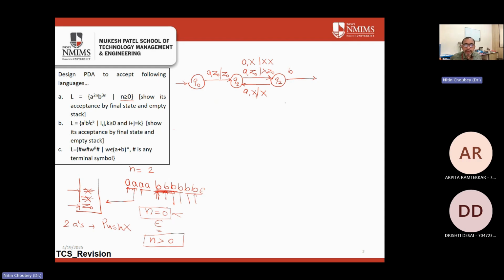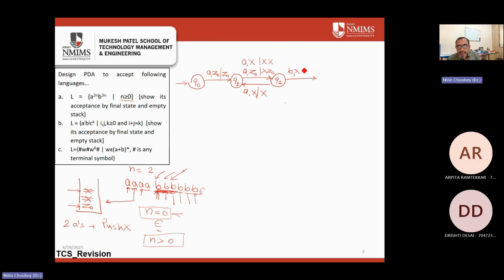When we received B, we need to check, do we have 3 B's available? So first B, stack top as X, leave X as it is. Second B, stack top as X, leave X as it is. On the receipt of third B, since we are looking for thrice n, will pop 1X. So let's represent that scene here.